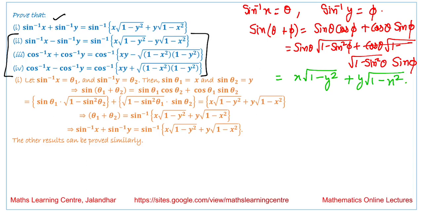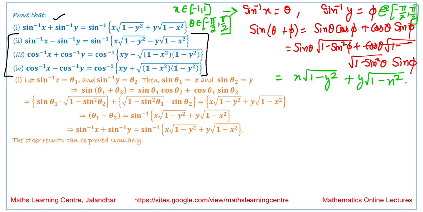Now the conditions we have over here are that the value of x belongs to the interval minus 1 to 1, and theta belongs to the interval minus pi by 2 to pi by 2. Similarly, phi belongs to the interval minus pi by 2 to pi by 2.